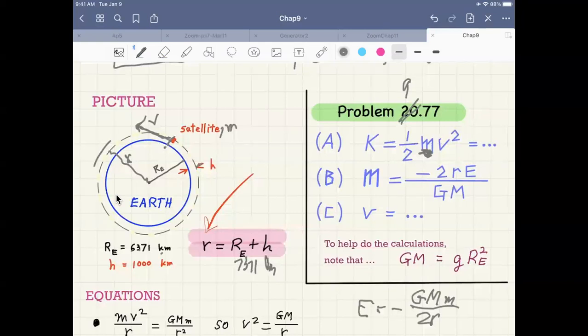If it were going to escape to infinity, it would have to have a positive energy because it would have positive kinetic energy if it escapes. But if it's not going to escape from the Earth, it's just going to be in orbit around the Earth, then it has to have a negative energy. And for a sphere or a circle, the energy is minus GMm over 2r. Well, I can solve that. I can replace that by an equation for m, 2rE over GM.